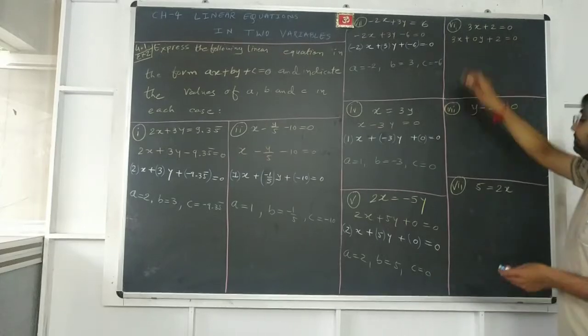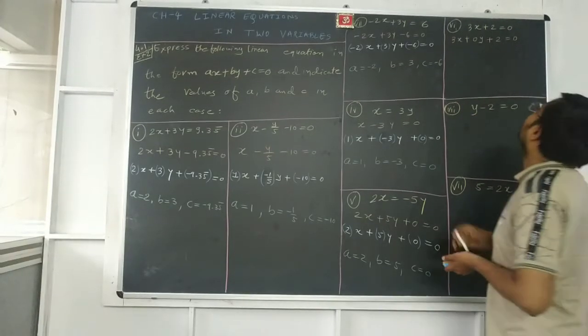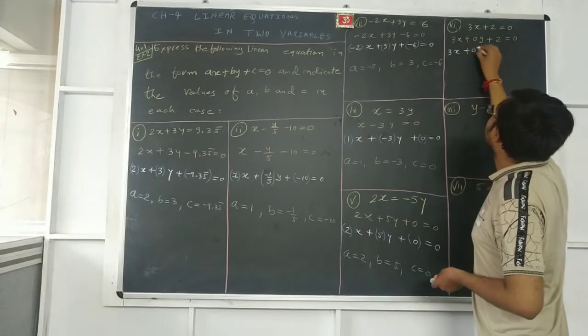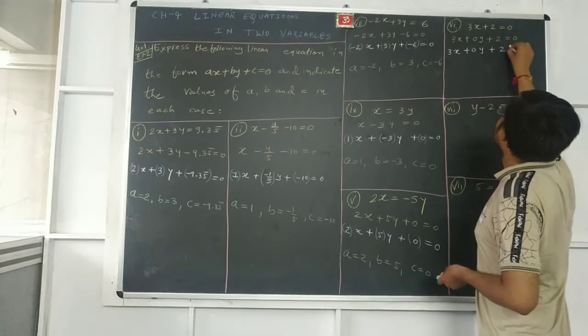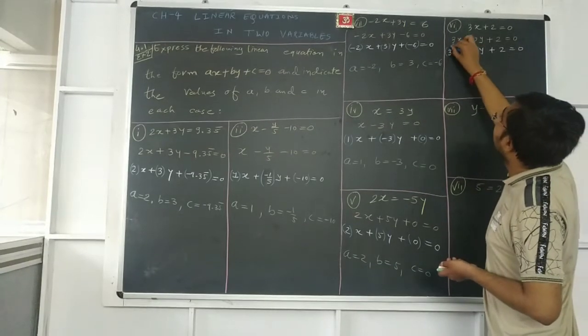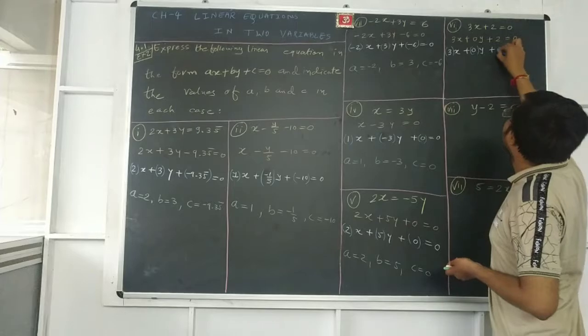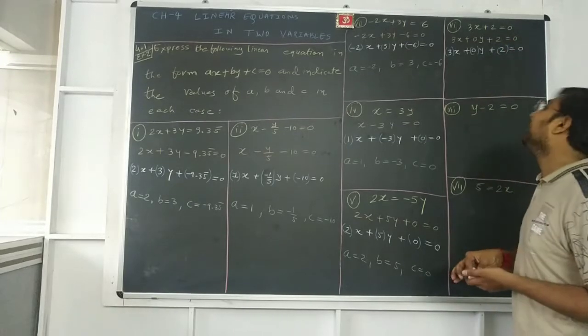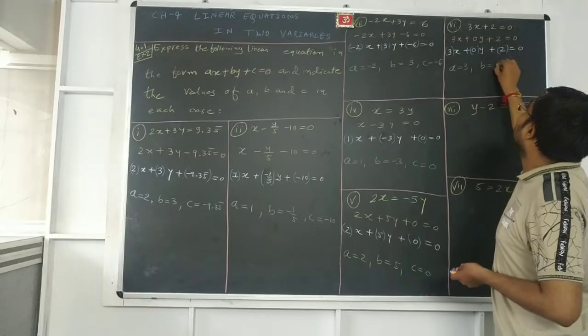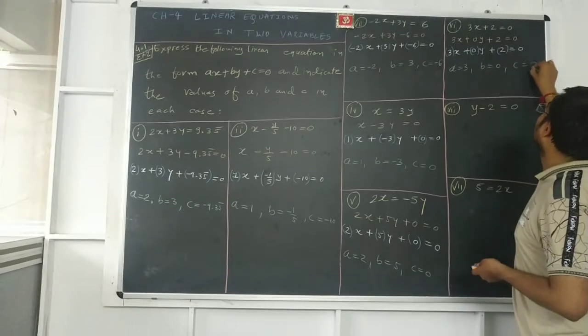So here the coefficient of x is 3, the coefficient of y is 0, and the constant term is 2. So we get the answer a is equal to 3, b is equal to 0, and c is equal to 2.